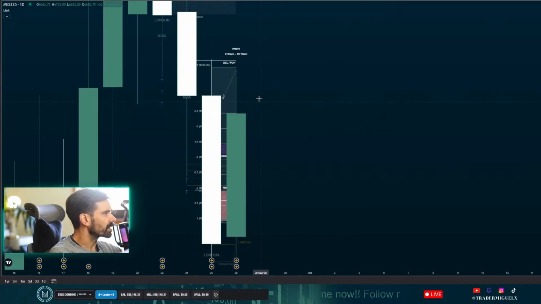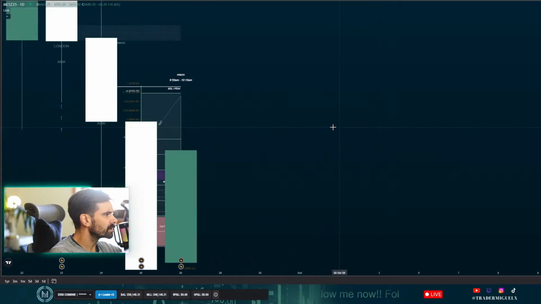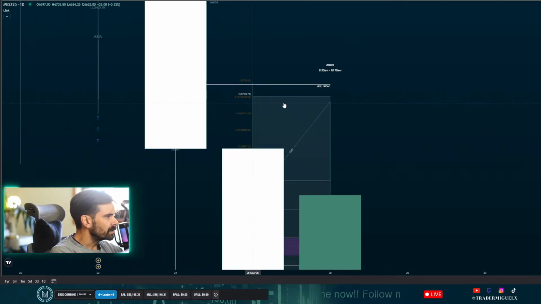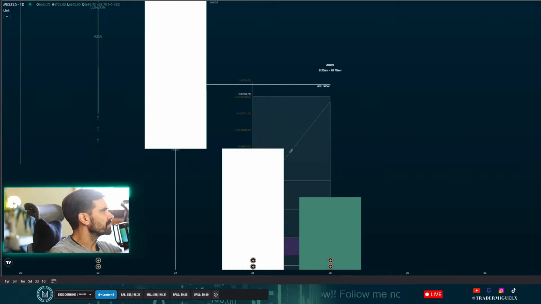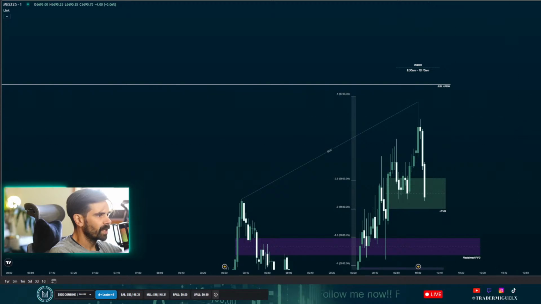Let me just check here. And let me see another one thing here. So opening range. Yeah, this wick, it almost came for the 75%. Nice displacement here.